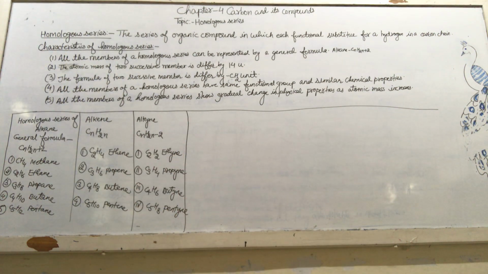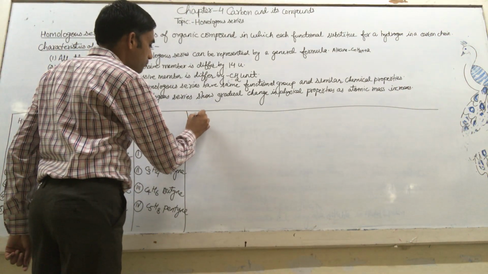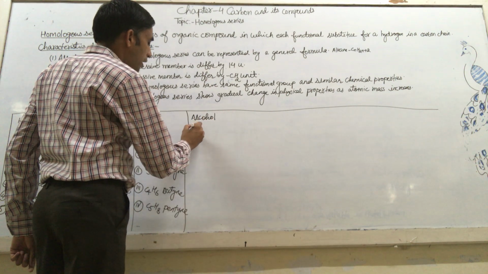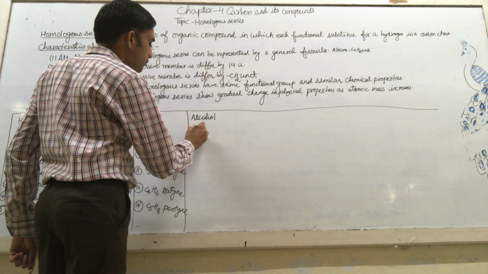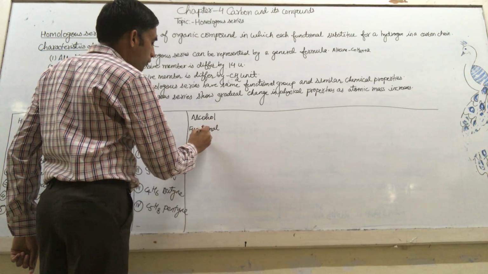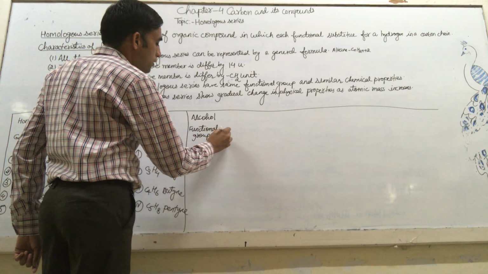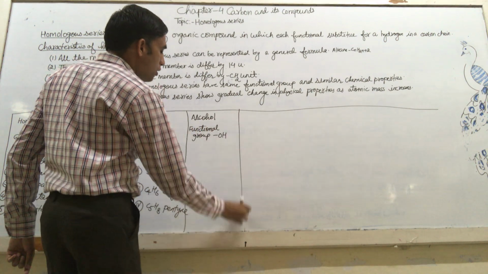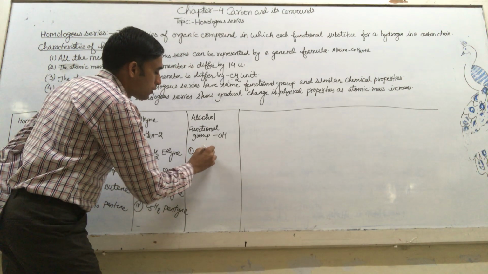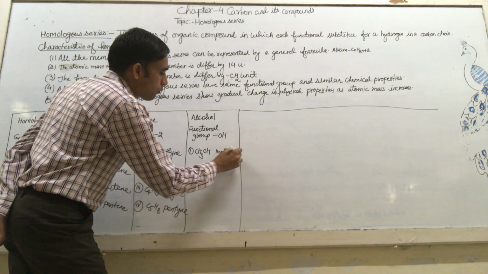Now we will see the homologous series of alcohol. Alcohol has a functional group. The functional group of alcohol is OH. So the first member is CH3OH, methanol.